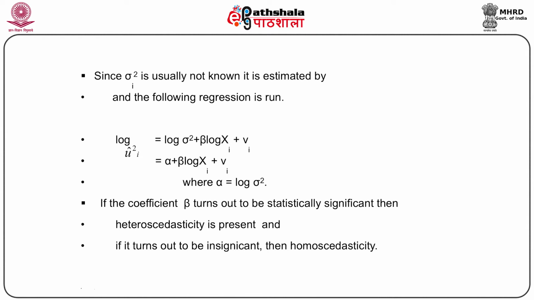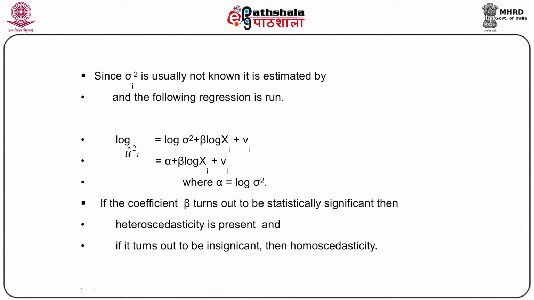Since sigma i square is usually not known, it is estimated by hat ui square, and the following regression is run. Using the model, log hat ui square equals log sigma square plus beta log xi plus vi, where hat ui square is the estimated square of residuals obtained after fitting the regression model ignoring heteroscedasticity.